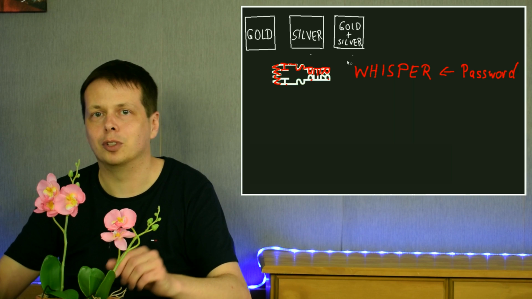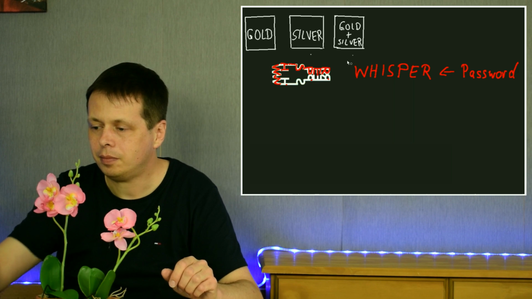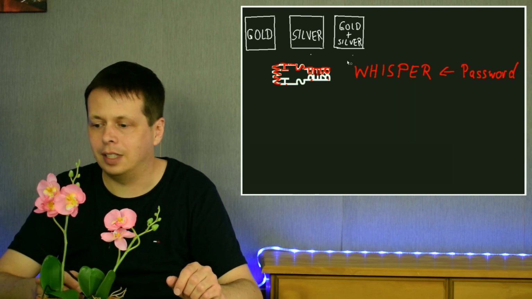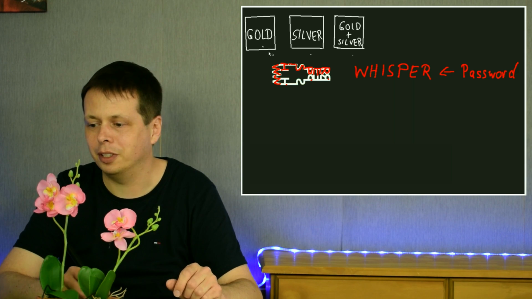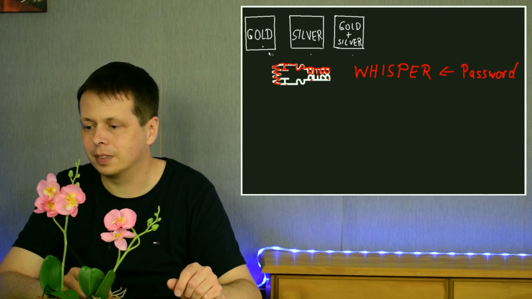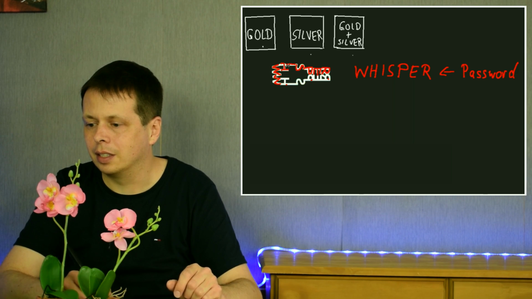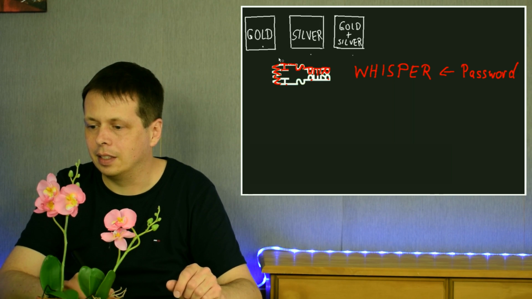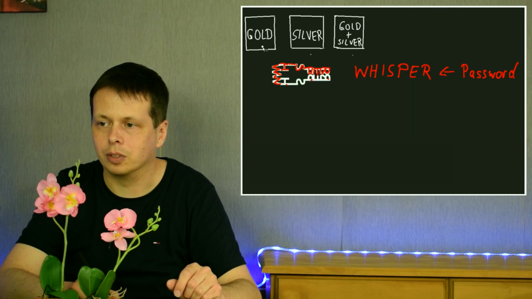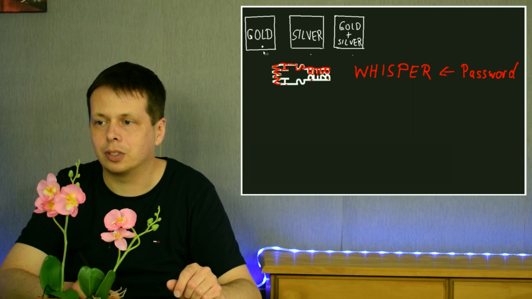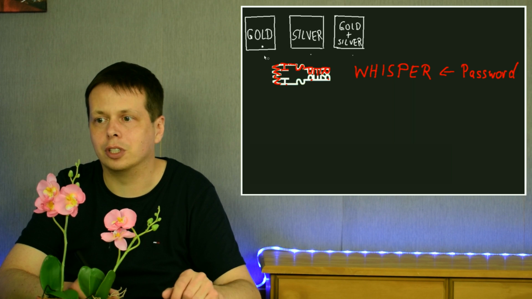And now we come to the solution. So let's say we take here a gold coin. Then if we have here a gold coin, then because the labeling is wrong, the box would contain gold and silver.